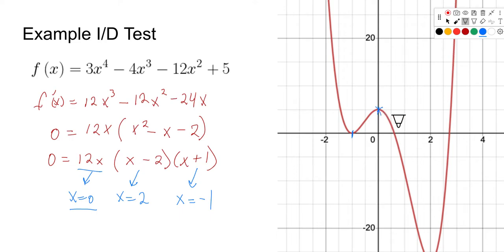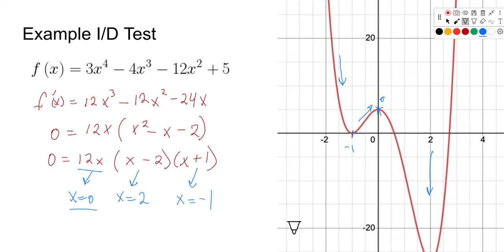That's what it looks like where we should have the derivative equal to 0. So -1, 0, and then x equals 2. And we can kind of see here that this is decreasing and then increasing, right? Decreasing here, and then on this side it's increasing.